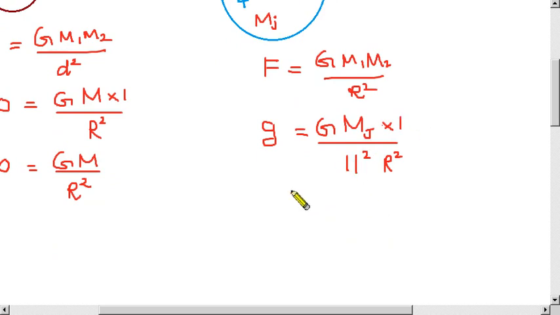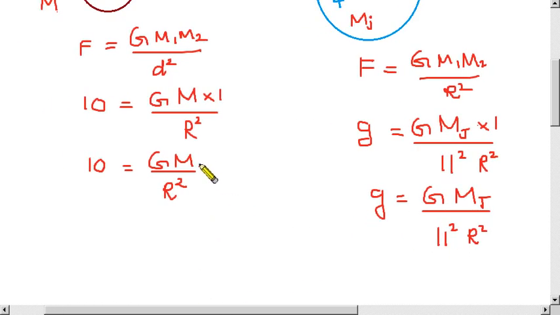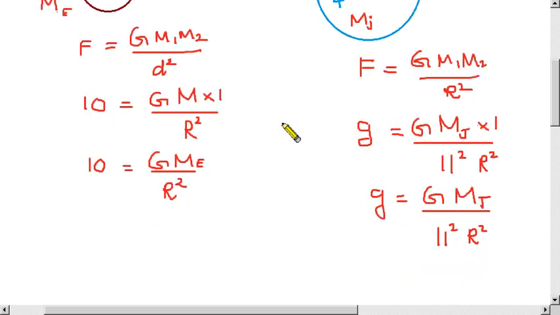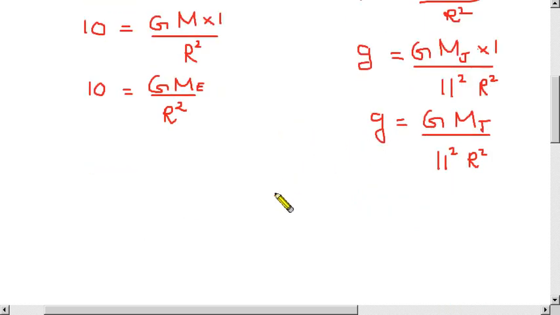So we don't have to write this 1, g equals G m Jupiter over 11 squared r squared. Here m is m earth. So now we have to find out m earth and m Jupiter.